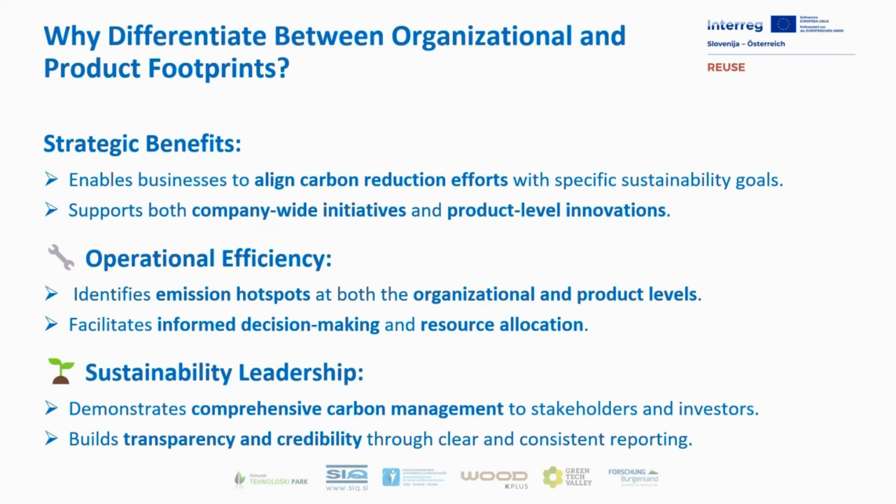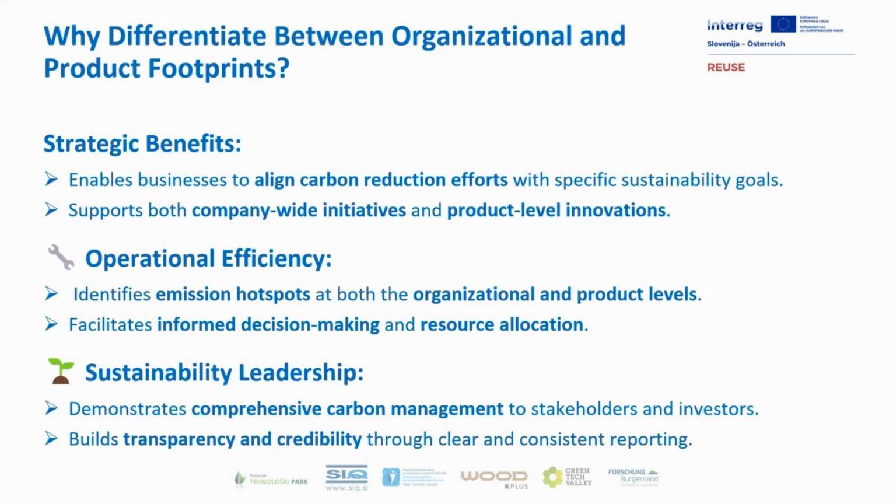The product carbon footprint, on the other hand, allows organizations to evaluate the environmental impact of individual products, enabling them to make targeted improvements in product design and sourcing. By understanding which products have the highest emissions, businesses can focus on reducing the carbon footprint of specific items, which may involve redesigning products, switching to more sustainable materials, or improving logistics.